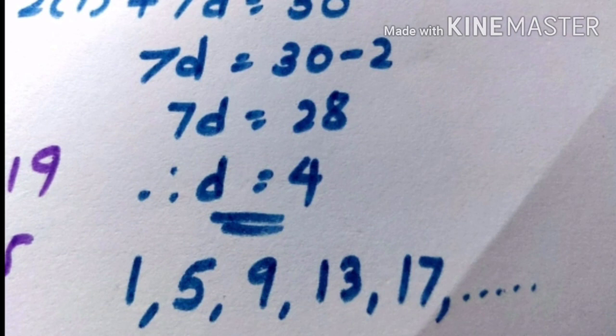So today we have completed exercise 9A up to question number 10. Whichever questions I left, you have to solve by yourself using your formulas and according to your A, D and Tn concepts. Thank you.